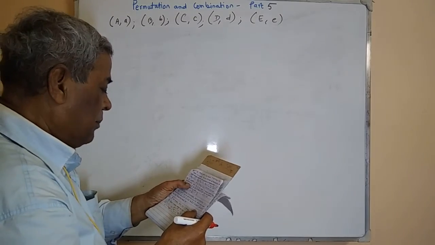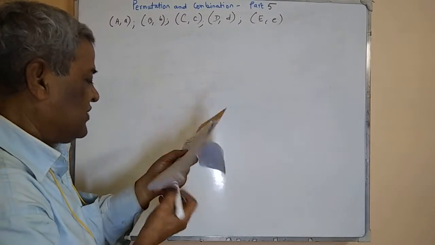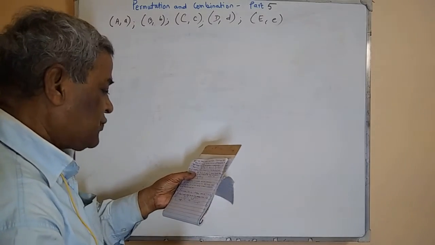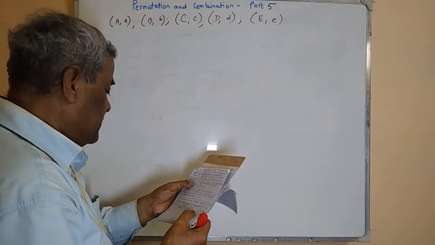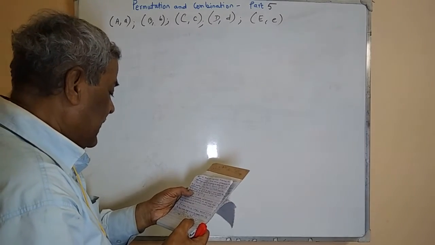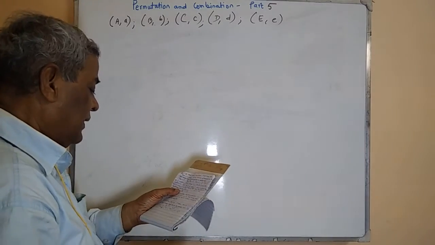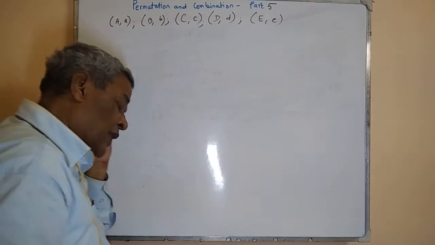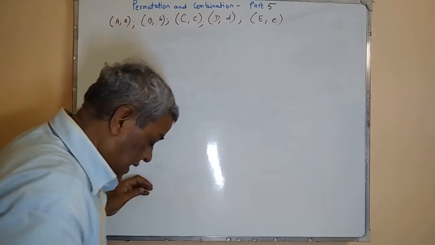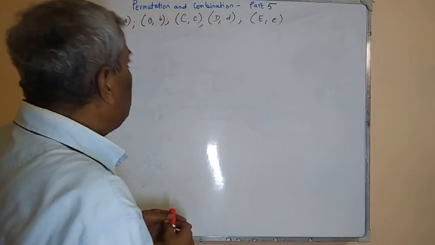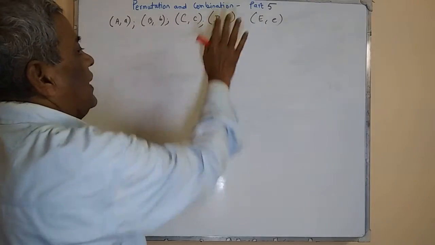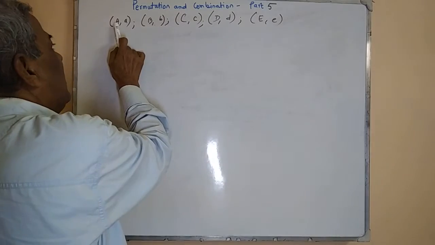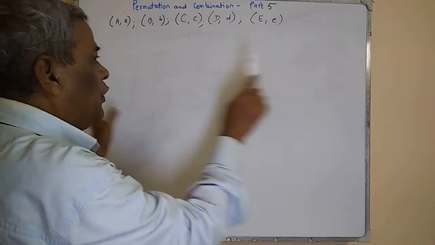These five couples are members of a tennis club. The number of ways five mixed doubles tennis teams can be formed so that exactly one team consists of a husband and his wife. Now the problem is that these 10 are the only members of a tennis club. A is husband, small a is his wife, and so on.